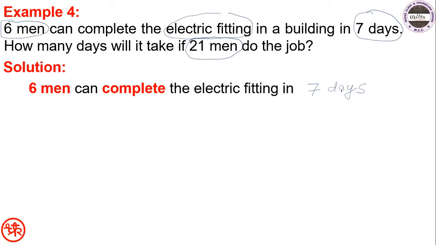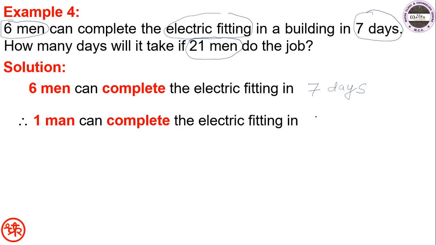Okay, so for one man it will take 6 times the days. So what will you get? Therefore, one man can complete the electric fitting in a building in 6 into 7 is equal to 42 days. Is that clear? 42 days.